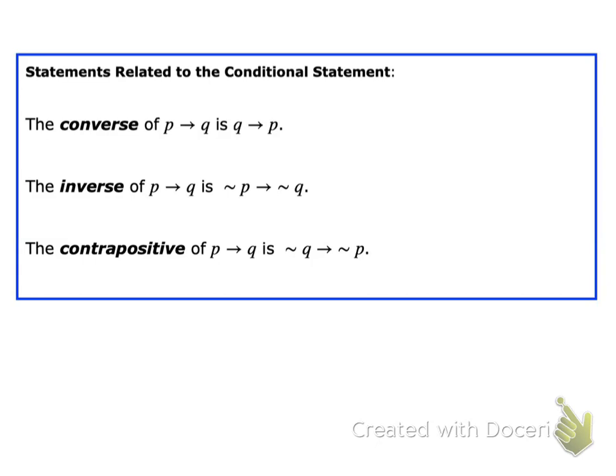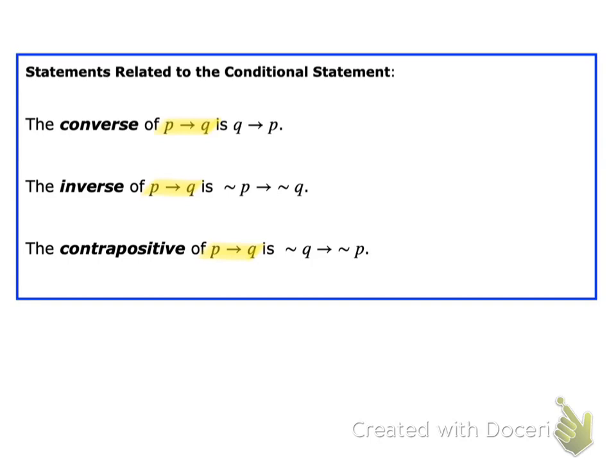Okay, so assuming our conditional statement is always if P, then Q. And that's what you'll see over and over here, right? If P, then Q, if P, then Q, if P, then Q. The converse says if Q, then P. So we don't negate anything, but we switch them.